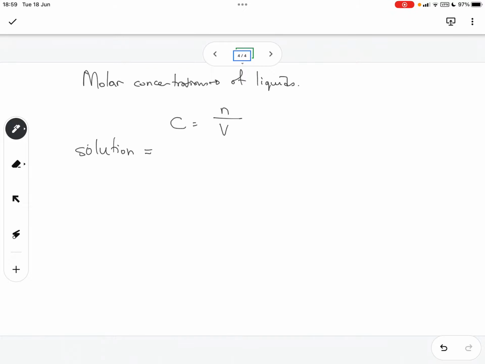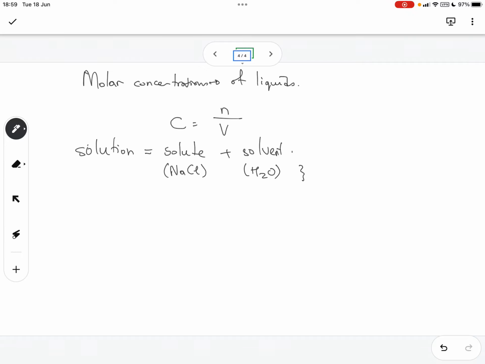A typical solution is made by dissolving some substance in a liquid. So we take a solute and we mix it with a solvent. If we take sodium chloride, that will be our solute, and H2O would be our solvent.